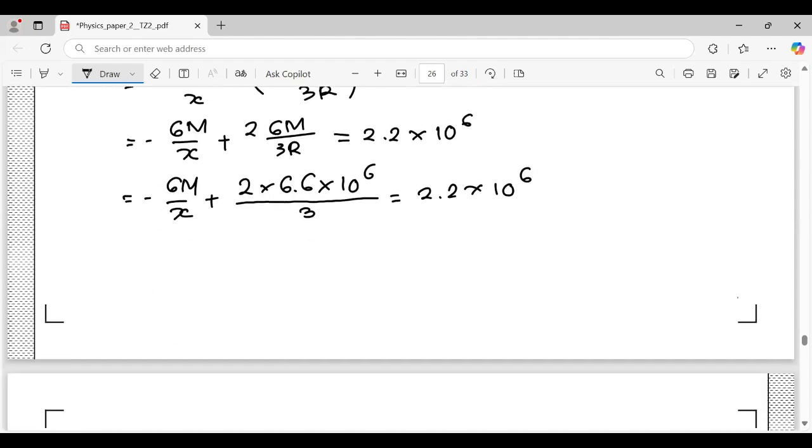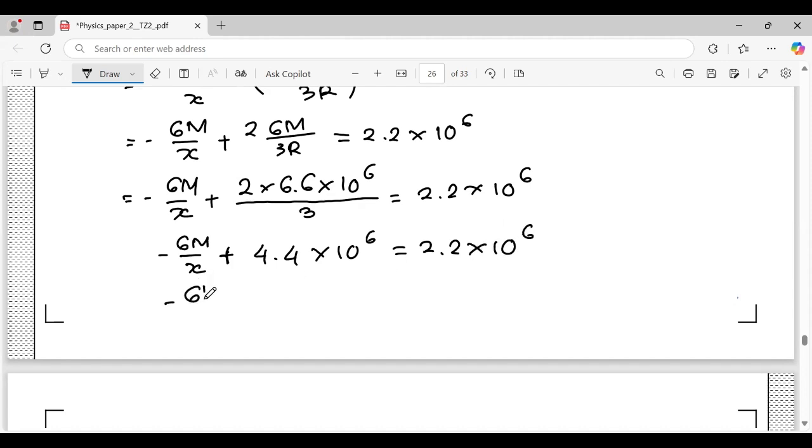I need more space, right? We are going to find x. So minus GM over x plus, sorry, it is plus 2 times 6.6 over 3, which is 4.4 times 10 power 6, equal to 2.2 times 10 power 6.